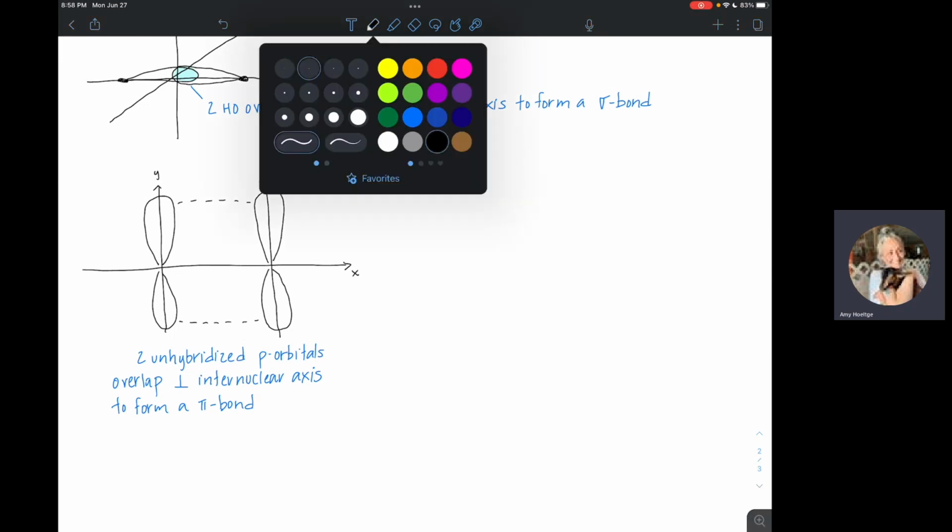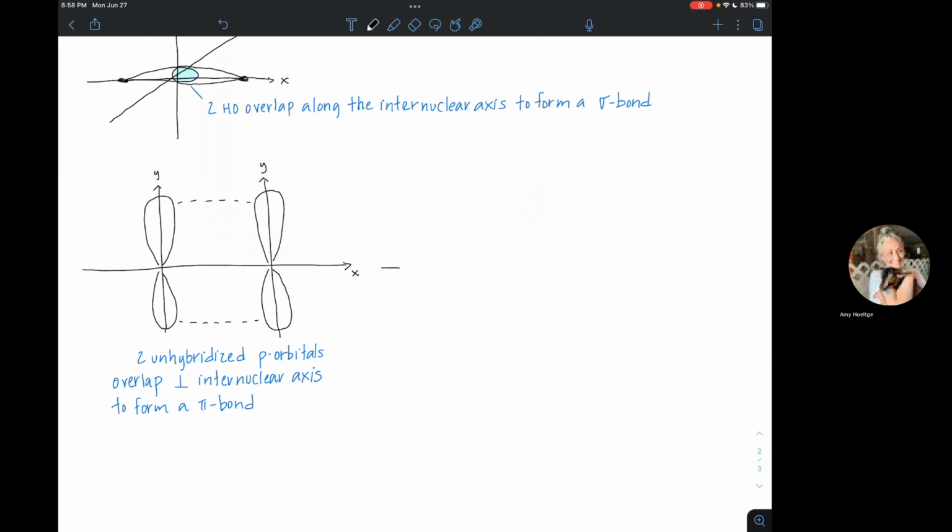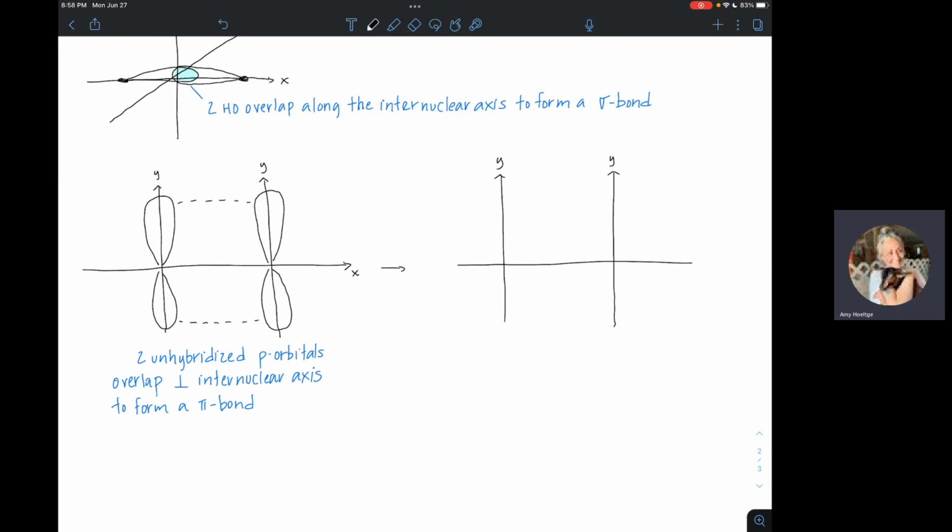So what you get is a pi bond. We'll draw our little y-axes here. We're all sort of grateful that we don't have to draw this every time. This is just for help in imagining what it might look like.